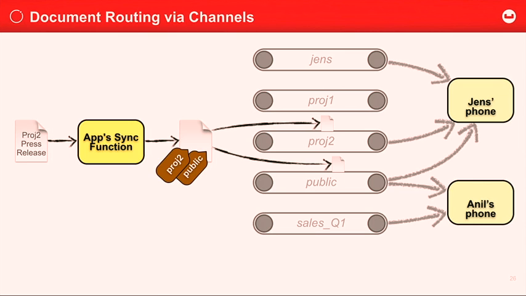So once the document's been tagged with these two channels, the document update that we've just pushed will now appear in the message queues or the message feeds for these two particular channels, proj2 and public.